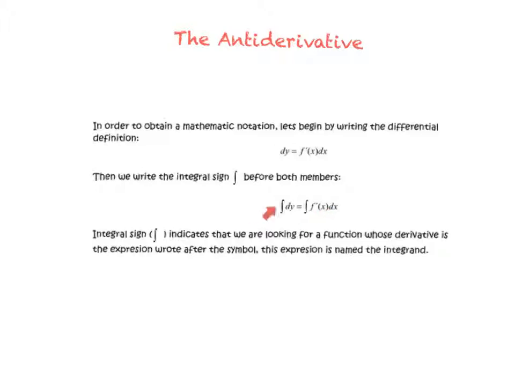So we write the integral of dy equals the integral of f prime of x times differential of x. The integral sign is a very simple symbol. It only indicates that we're looking for a function whose derivative is the expression written after the symbol. This expression is named the integrand.